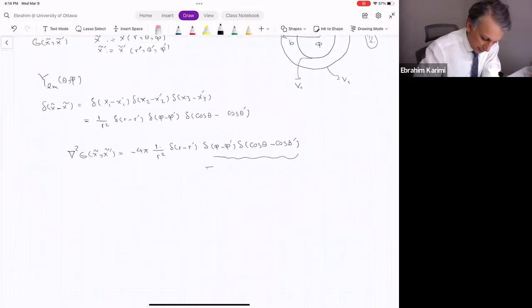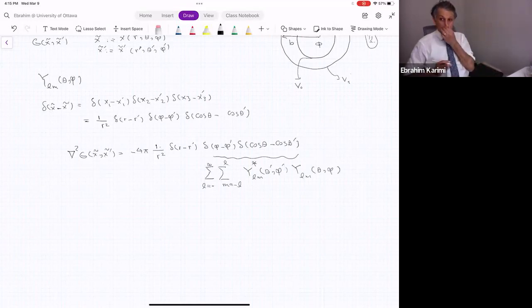So that can be replaced by the summation of L from 0 to infinity, m from minus L to plus L, of YLM of theta prime and phi prime with a star, YLM of theta and phi. Do you agree?